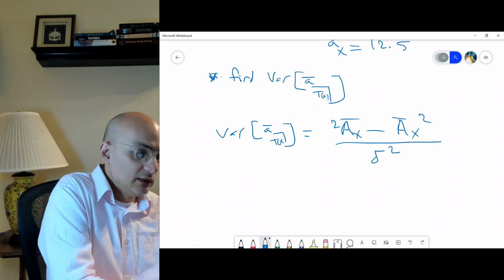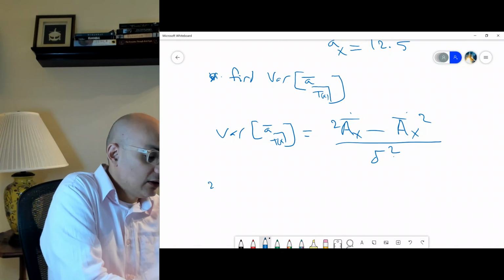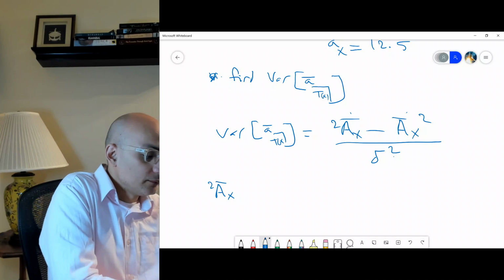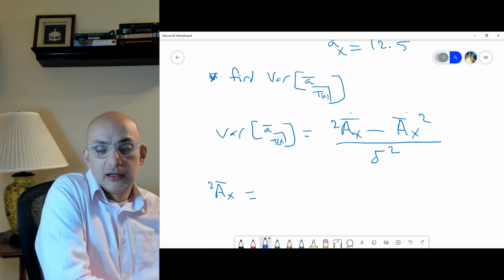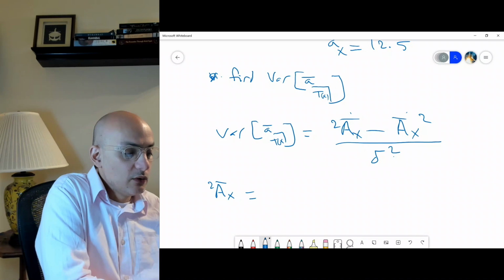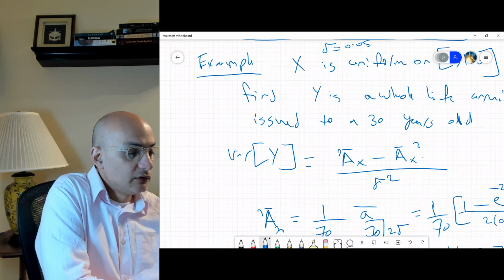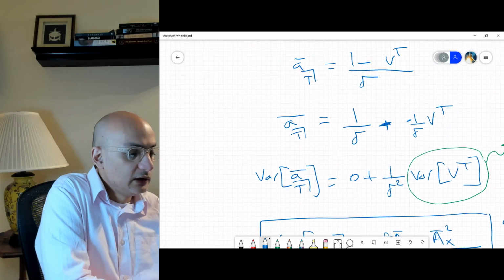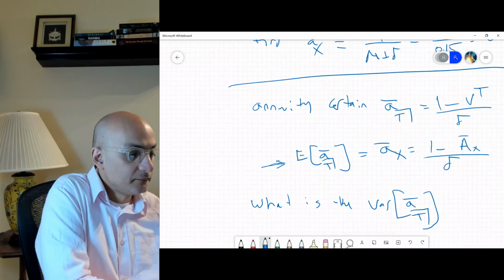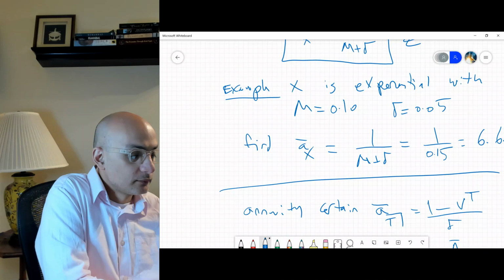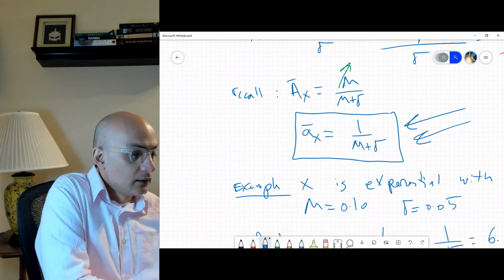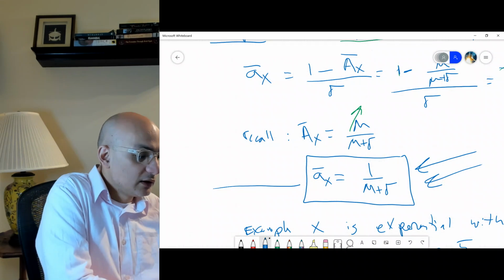We need this, we need this, we need this. Let's take 2Ax. What's 2Ax? It's exponential distribution. Now it's the same thing but at 2 lambda. Remember, if you go back to uniform and exponential distribution, remember this one, right?